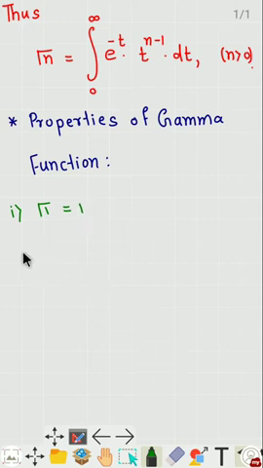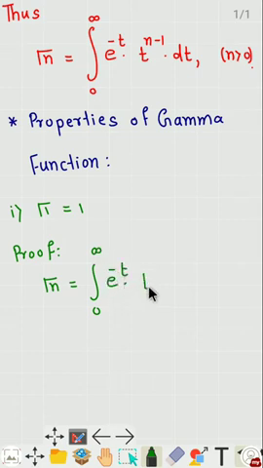So let us try to prove this property. Write the proof. As we know the definition of gamma integral, gamma n is equal to integration over 0 to infinity e raised to the power minus t into t raised to the power n minus 1 into dt, where n is greater than 0. In this definition we put n equal to 1.